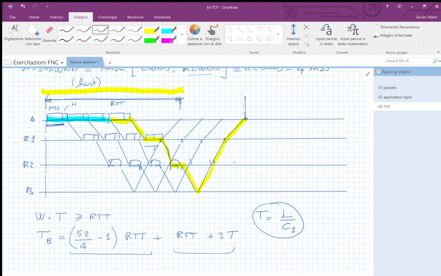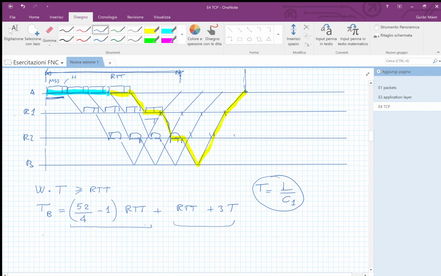Instead, what is the value of the round trip time? The round trip time is the yellow line that you see there. So in order to calculate it, you have to sum L divided by C1 plus L divided by C2 plus L divided by C3 plus 2 times (tau 1 plus tau 2 plus tau 3).